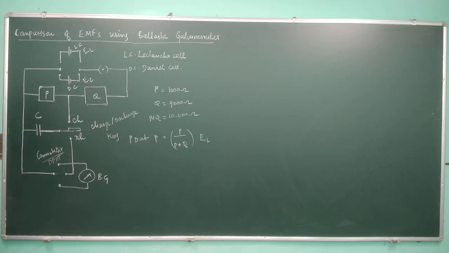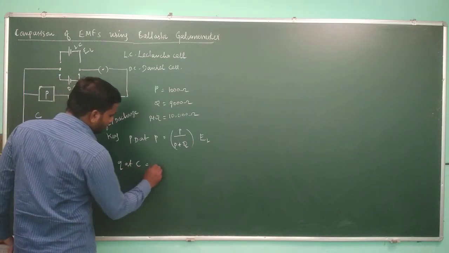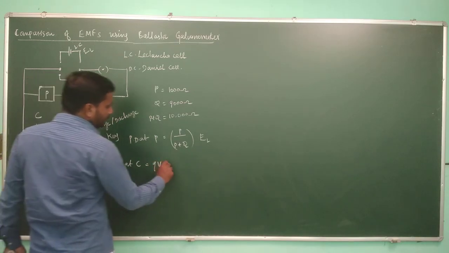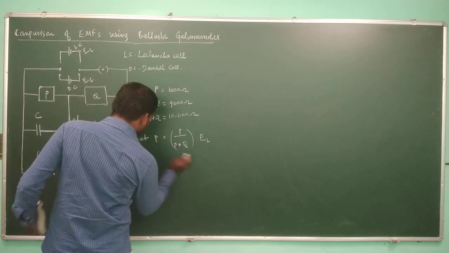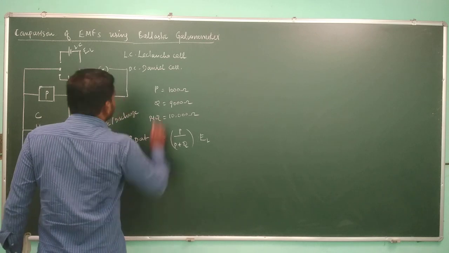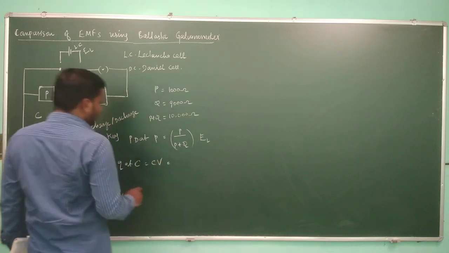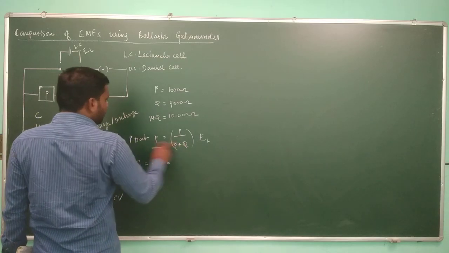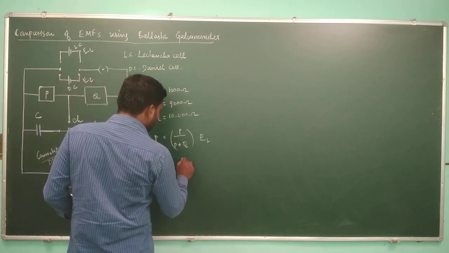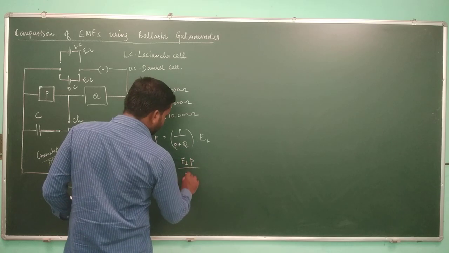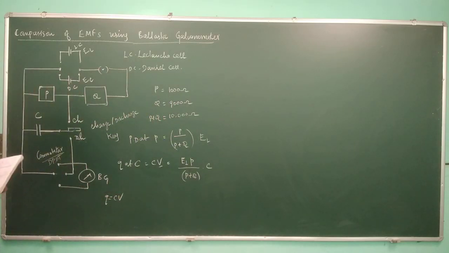What will happen is this capacitor will get charged, so we can write the equation for the charge at C: Q equals CV. The formula is Q equal to CV, where V is the potential difference, which is P by P plus Q into E_L. So Q equals E_L P divided by P plus Q multiplied by C. So that is the charge at the capacitor here.